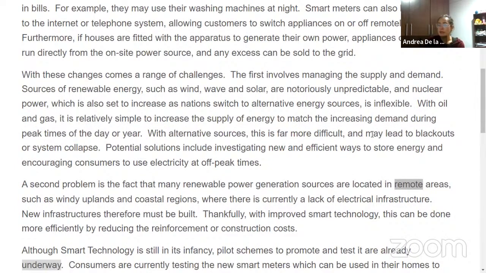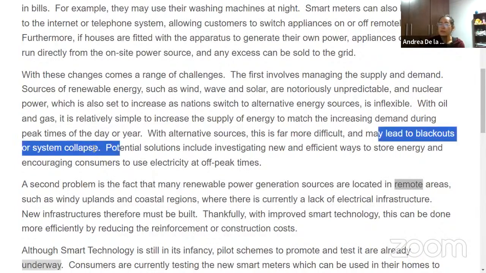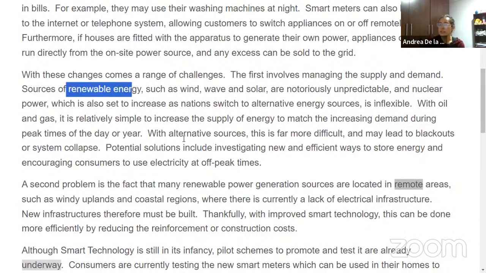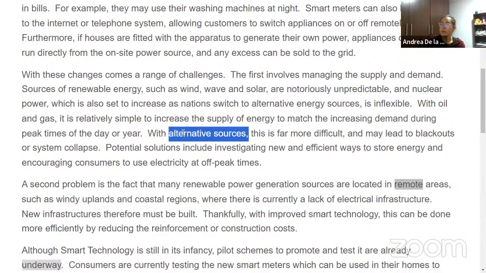So what you guys said, that it may lead to blackouts or system collapse, it's not related to sources of renewable energy. That's about alternative sources, and that's not the same. They are talking about nuclear power here. So it's difficult to deal with alternative sources because it may lead to blackouts or system collapse. But remember to always stick to the question.